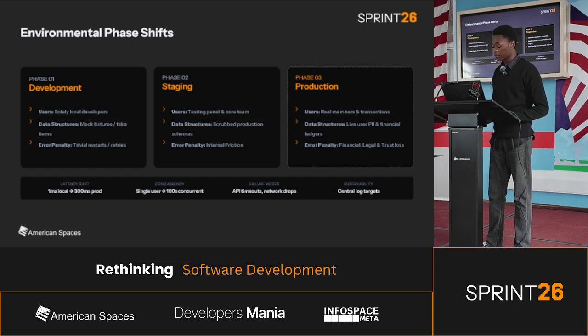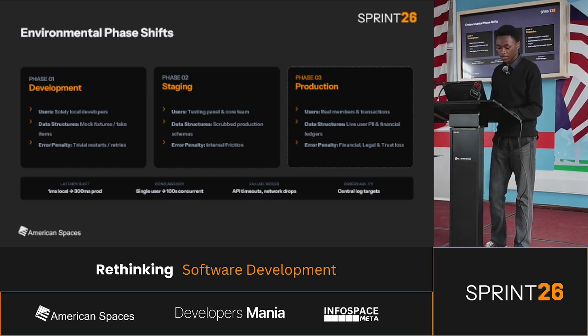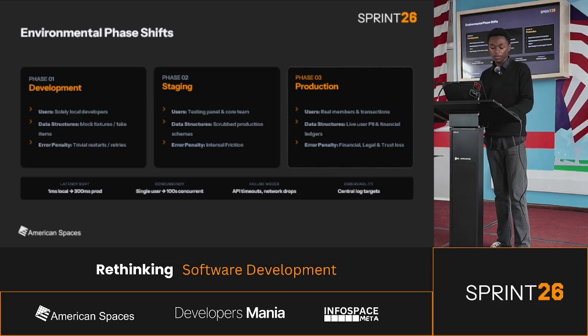So next we have environmental phase shifts. There is development, staging, and production. So while you are developing a product, it's you alone and that product, or maybe local other developers. When that product fails, you can just go, because it's just there on your machine.